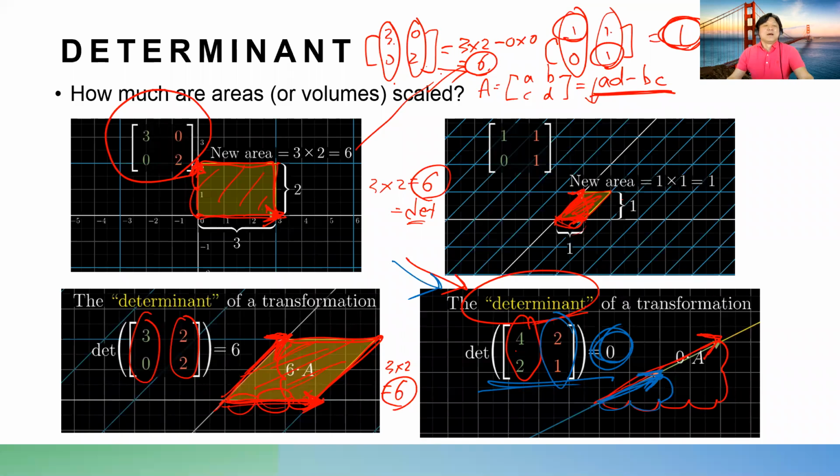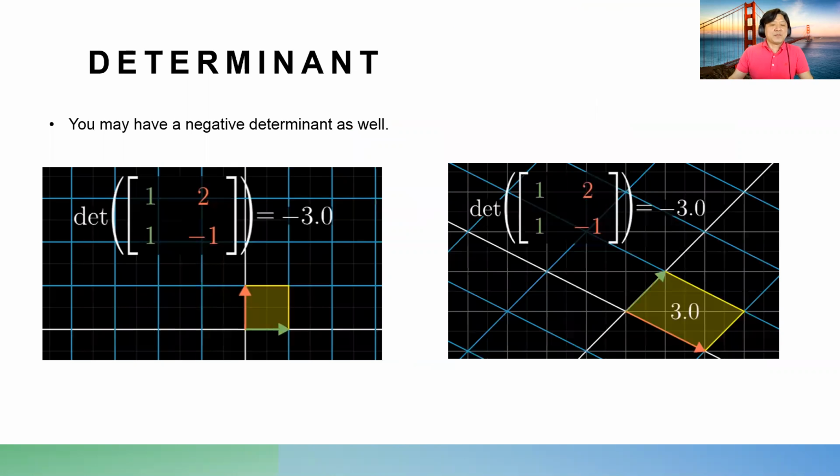Also, the determinant can be a negative value, but like I said, the determinant is an area or a volume, so how can it be negative? Usually we evaluate the determinant as an absolute value.